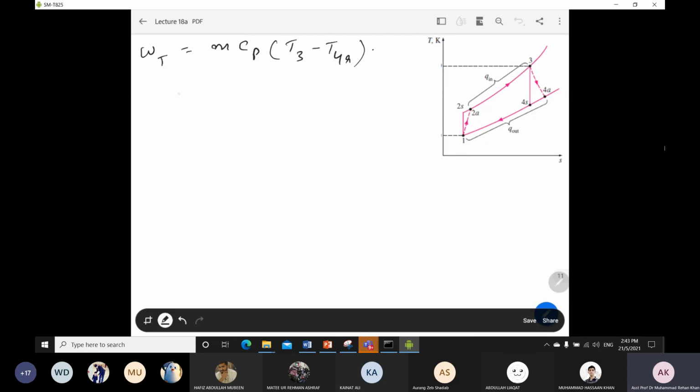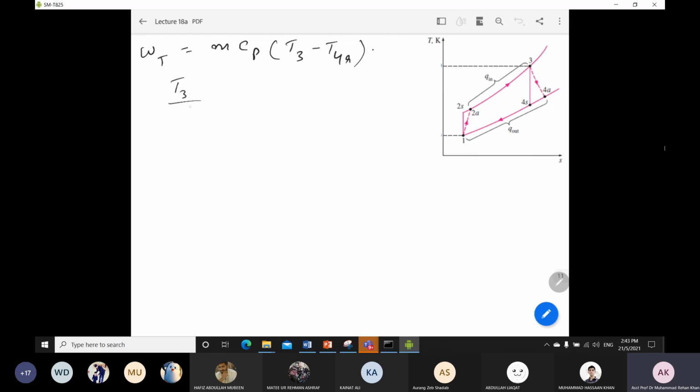For this we can simply apply another isentropic relation for process 3 to 4s. T3 over T4s is equal to (P3 over P4) to the power (K minus 1) over K. We already know that the RP value is equal to P2 over P1, or equal to P3 over P4, because pressure is the same.